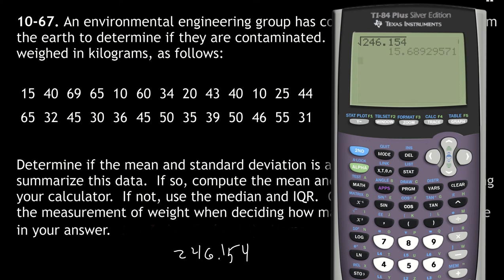And when I do that, I get 15.689. So my standard deviation is, I should probably round that to 16, right? The standard deviation is 16, and the mean I said was 40.